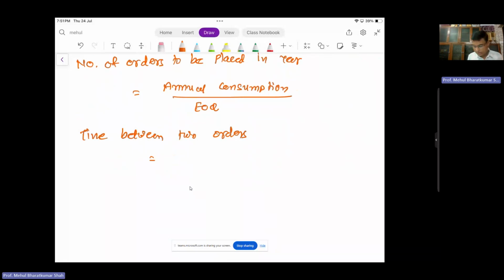Time between two orders is equal to 365 divided by number of orders.